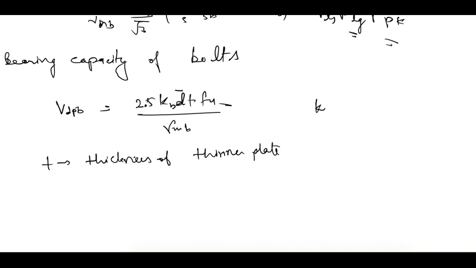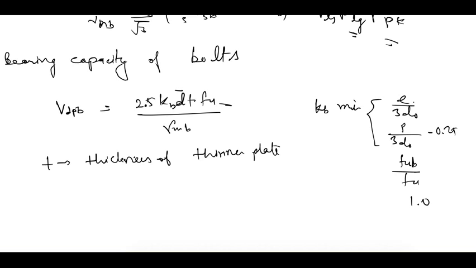So this value of kb here, according to code, it is taken as minimum of E upon 3d naught and P upon 3d naught minus 0.25, fub upon fu, and 1. So it cannot be greater than 1, so we have to calculate all these values for finding out Kb. Minimum of these four gives us the value of Kb.